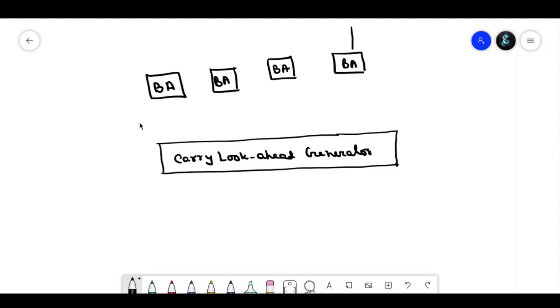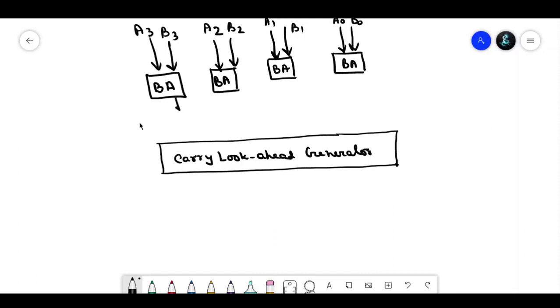So first of all, it is A0 B0. This is A1 B1. This is A2 B2. And this is A3 B3. And this is the sum S3, S2, S1, S0.